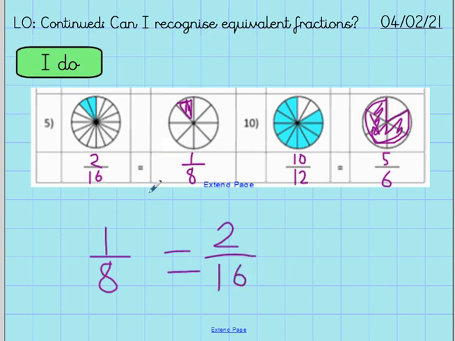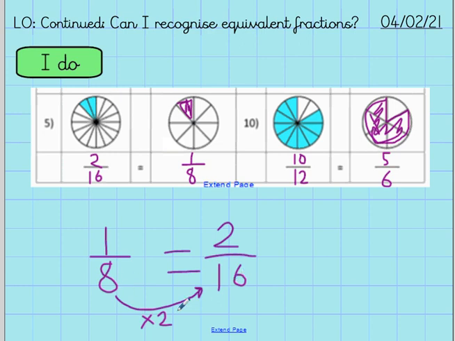So we've taken this one here. Now, what do we have to do to 8 to get to 16? 8 times 2 is 16. Now we're only ever going to be using multiplication and division here. We can't use addition and subtraction. It doesn't work. So multiplication or division. So 8 times 2 is 16.